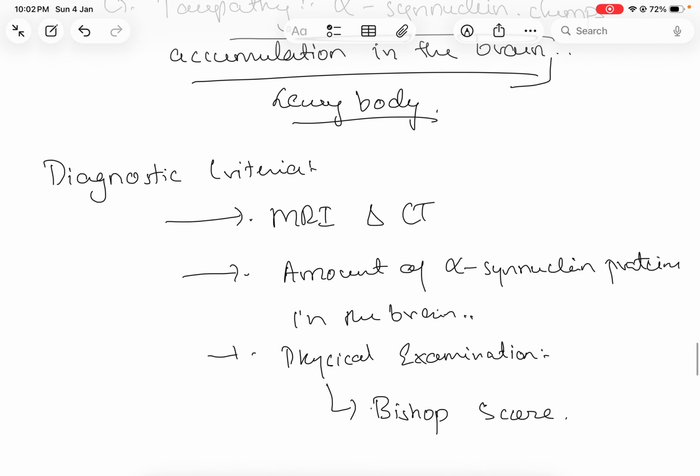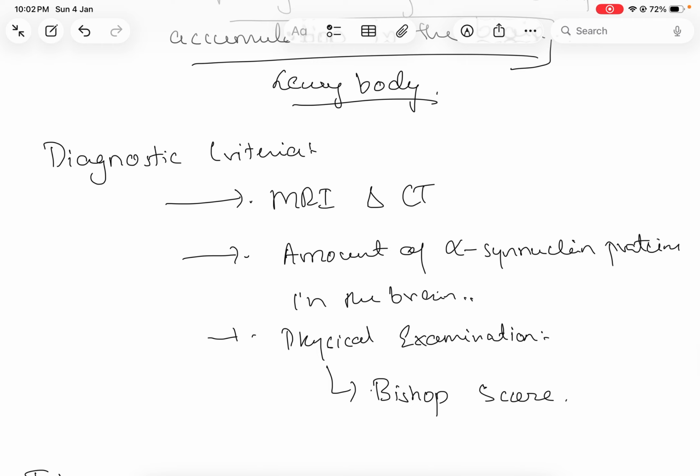Now coming up to the diagnostic criteria. The diagnostic criteria usually refer to MRI and CT, where the CT or MRI shows brain atrophy present in all lobes of the brain, and the amount of synuclein protein in the brain, where you usually perform lumbar puncture with the help of an instrumental approach.